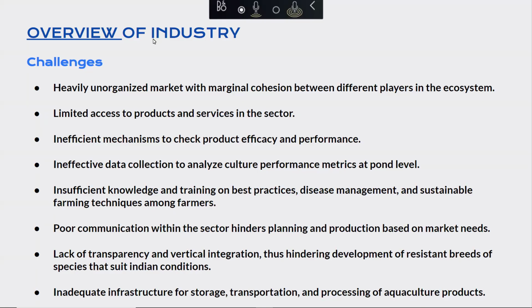On the other hand, we have a lack of infrastructure for storage, transportation and processing of aquaculture products. A farmer can't afford to build a cold storage to store the shrimp, because once the shrimp or fish is out of water, it starts decaying. He has to immediately put it in a cold storage.